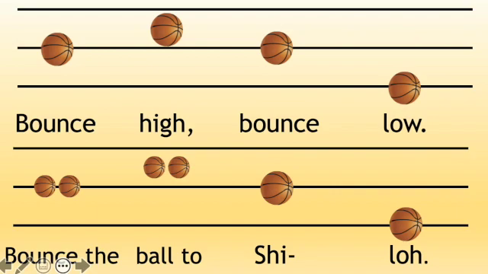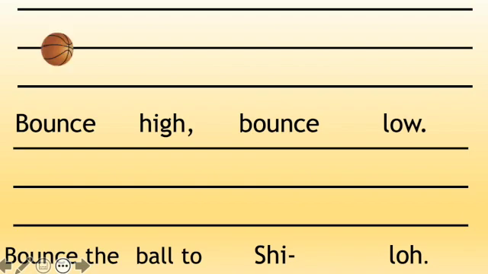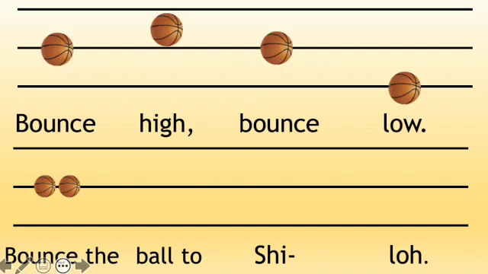Let me back up. Bounce high, bounce low, bounce the ball to Shiloh. Do you see some balls that are showing high sounds, some that are showing low sounds, and some that are showing sounds in the middle?